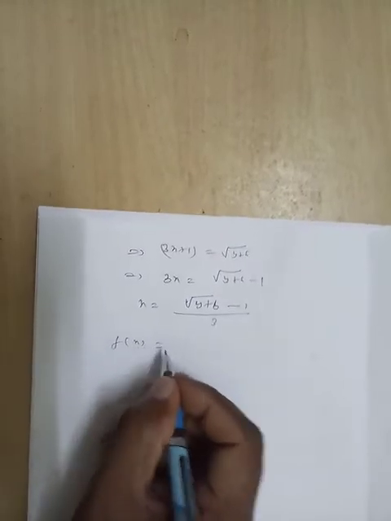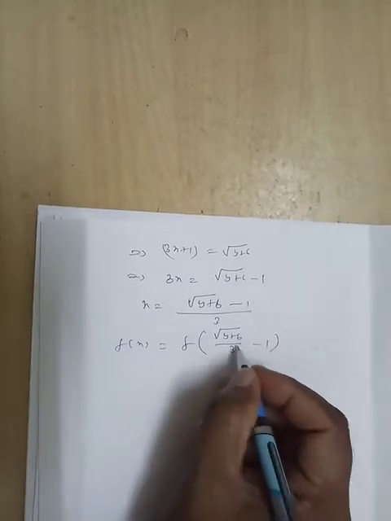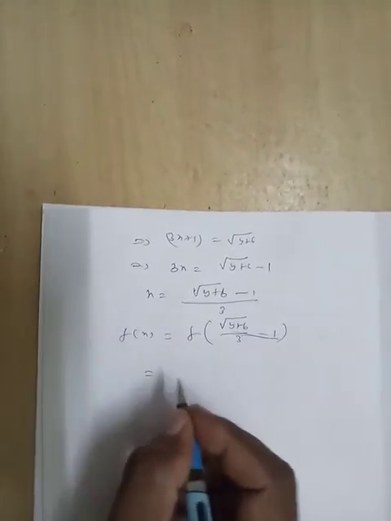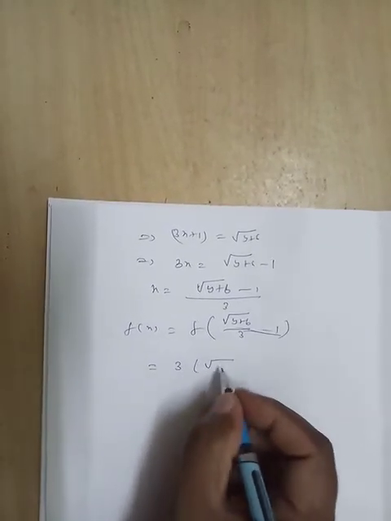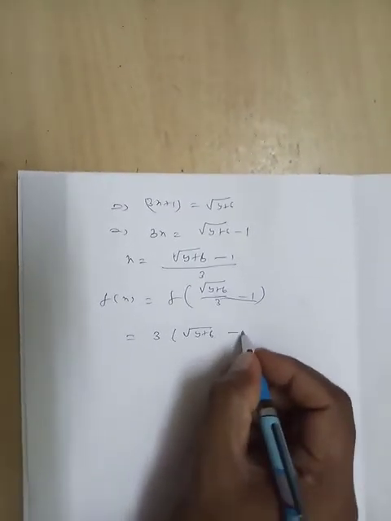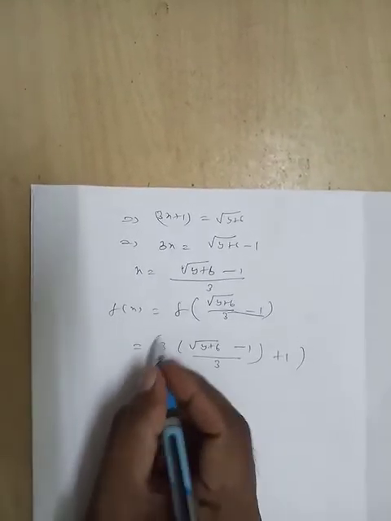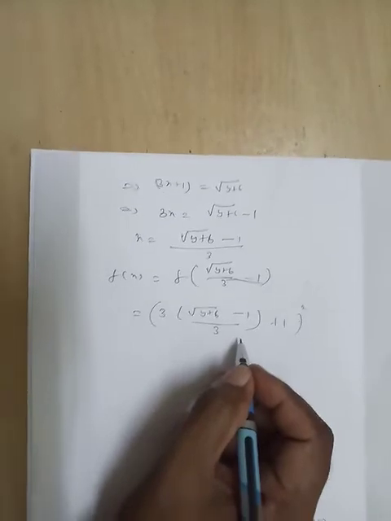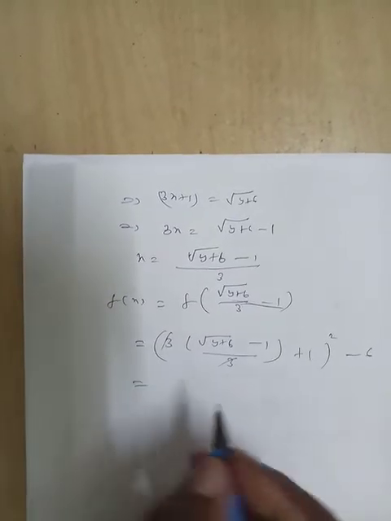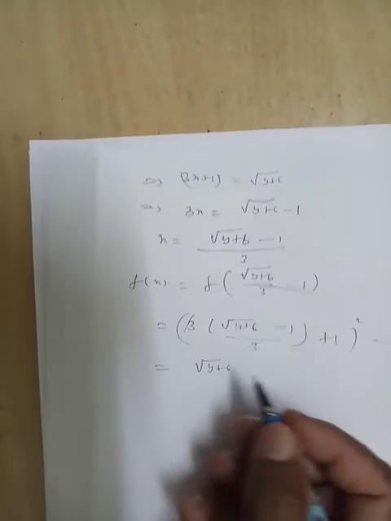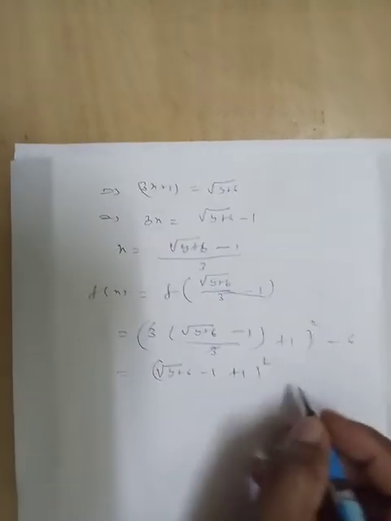Now f of x is equal to f of (root of (y plus 6) minus 1) the whole divided by 3. This is equal to 3 into ((root of (y plus 6) minus 1) the whole divided by 3) plus 1, the whole square, minus 6. 3 cancel. Then (root of (y plus 6) minus 1 plus 1) the whole square minus 6.